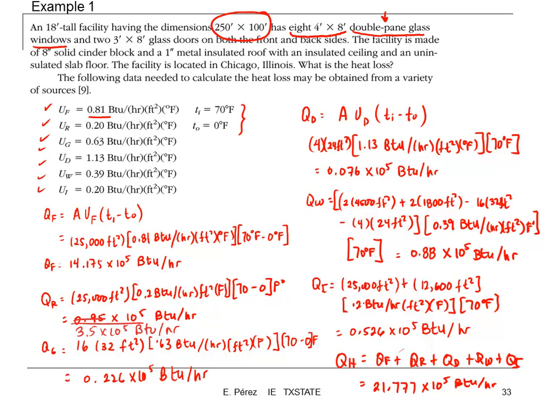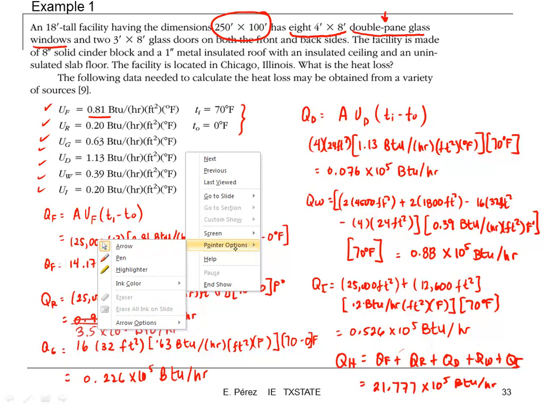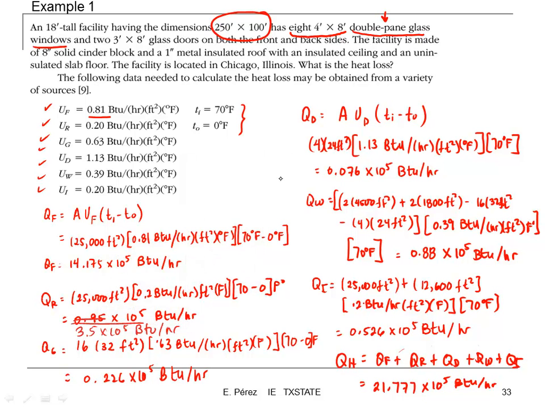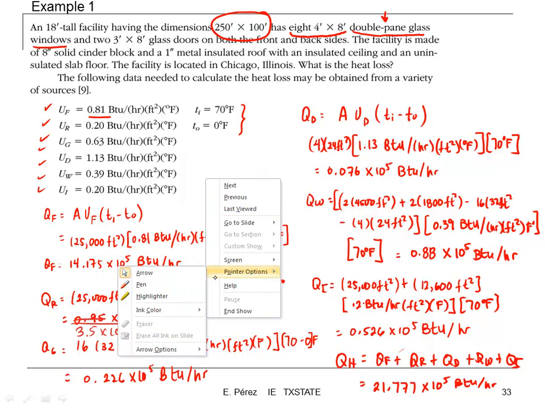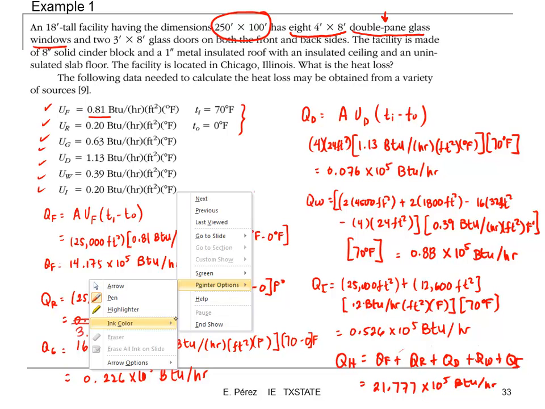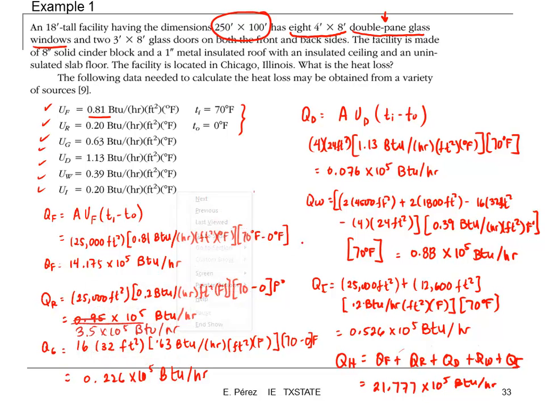We worked on this example, and I was looking at it. One of your classmates called my attention. There are two numbers here that are not correct. The first one is the QR. This number is not correct. The right number should be 3.5 times 10 to the 5 BTU per hour.